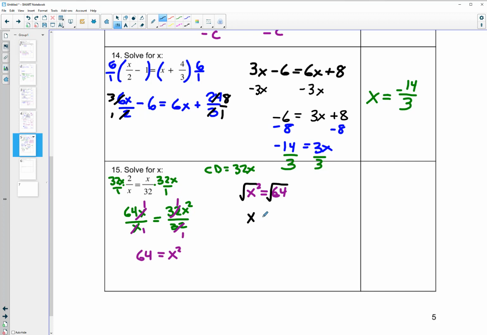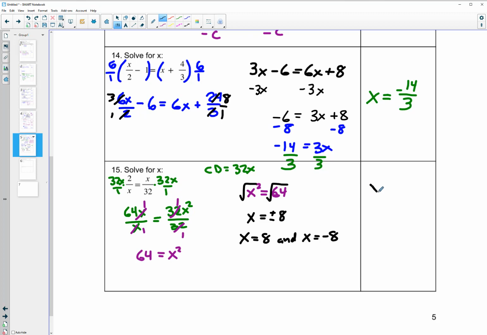And then what happens is I get x equals 8. But really, even though this is a little advanced for us in Algebra 1, it's actually what we call plus or minus 8. In other words, x equals 8 and x equals negative 8. Because whenever you square root to solve an equation, when you introduce a square root into a problem, it automatically produces a plus and minus.